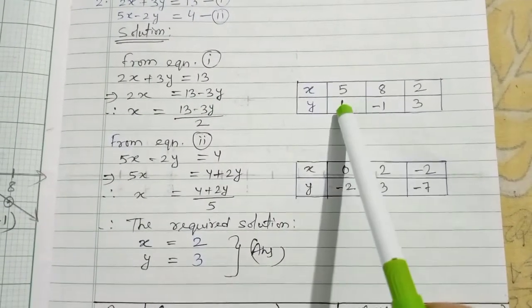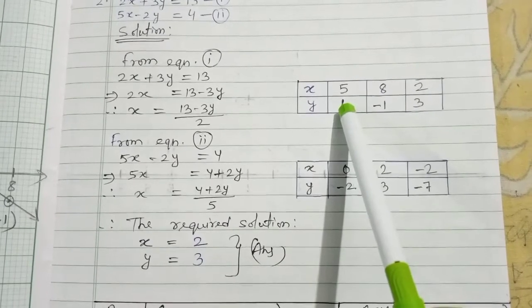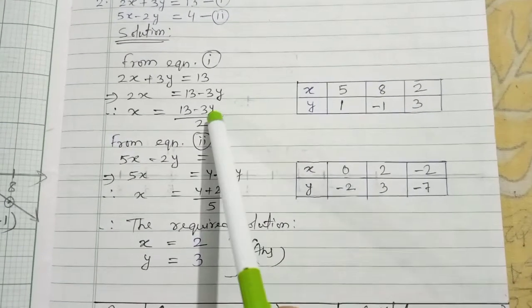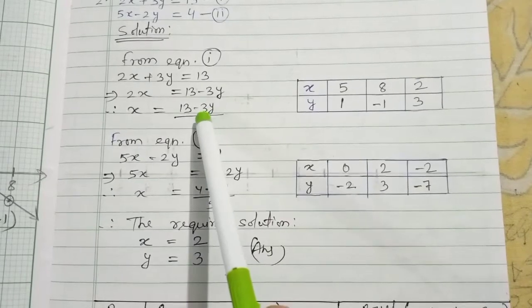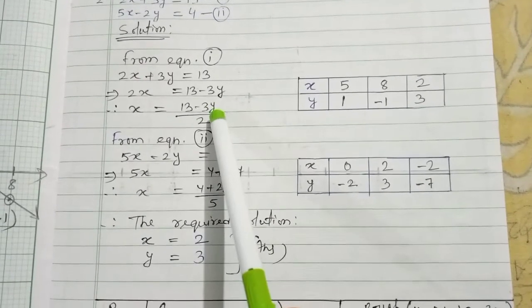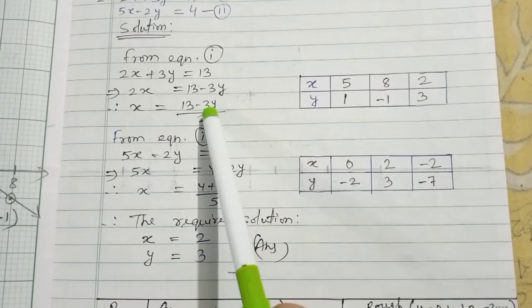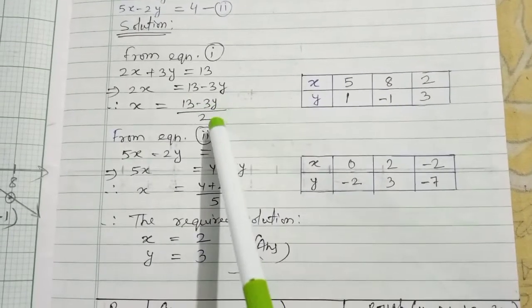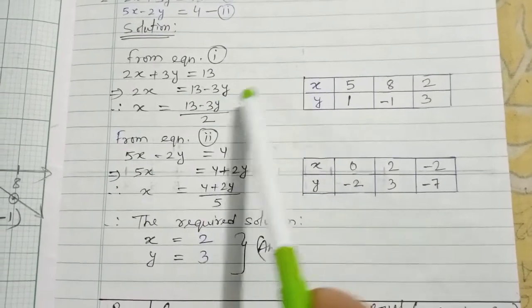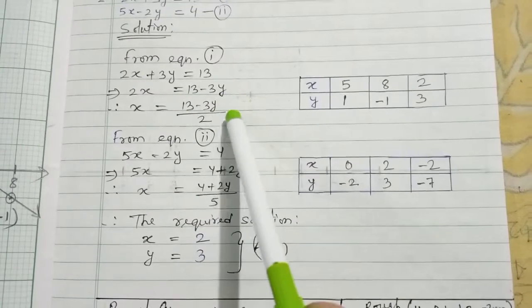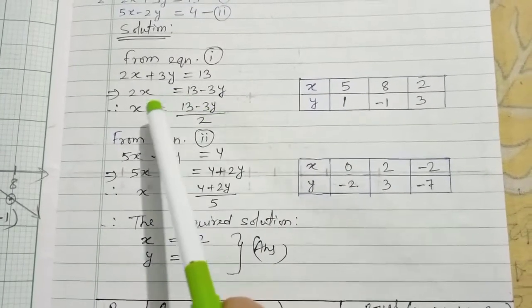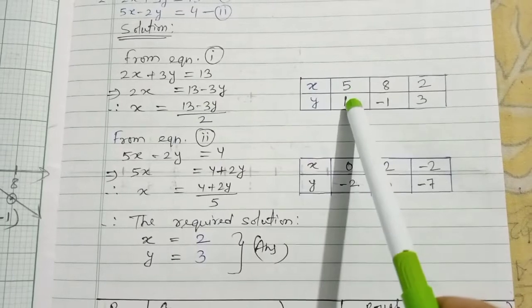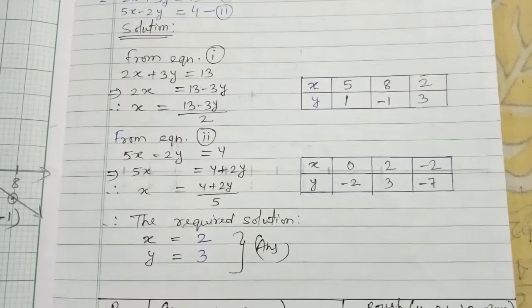You can see I have put the value of y as 1. 3 ones are 3, and 13 minus 3 is 10, and 10 by 2 is 5, because 2 fives are 10. That is the value of x. So when y is 1, the value of x is 5.